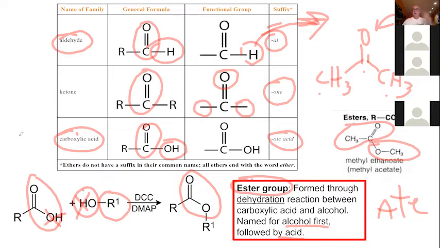So we call it methyl because it's the alcohol, and then ethanoate or methyl acetate. So esters are really interesting because if you go on and take an organic chemistry class, and hopefully you will at some point, if you take a more advanced organic class, you're in a lab, this is definitely an experiment they will have you do, is making esters, and they smell fantastic.